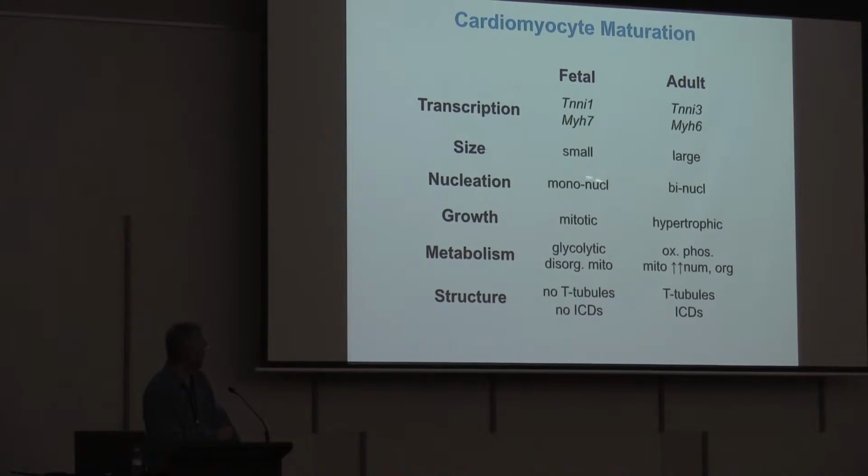In rodents, fetal myocytes are mononucleated compared to binucleated adult myocytes. Fetal myocytes grow by mitosis as opposed to the hypertrophic growth of adult myocytes. Fetal myocytes have a glycolytic metabolism compared to oxidative phosphorylation in adult myocytes. And we like to look at T-tubules because these are a marker of definitive mature myocytes.